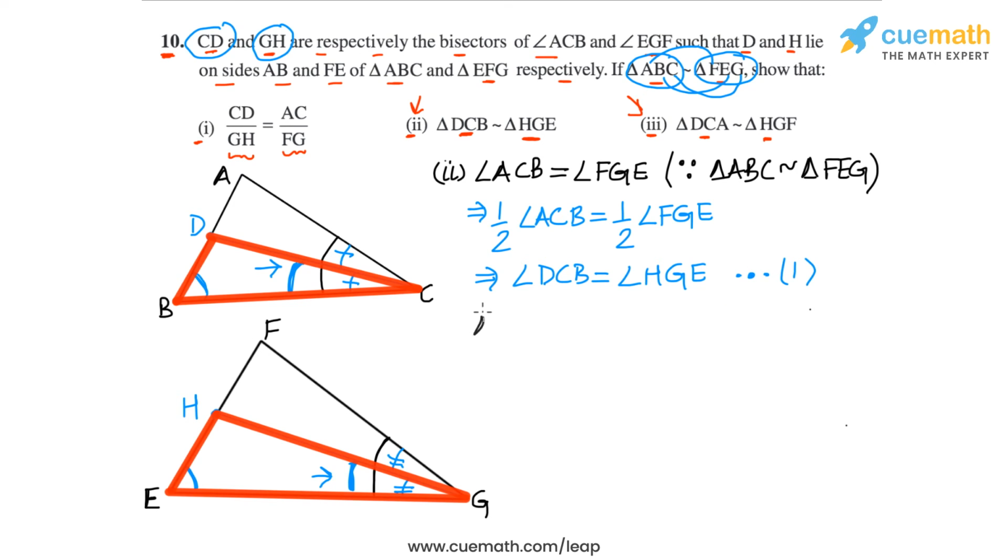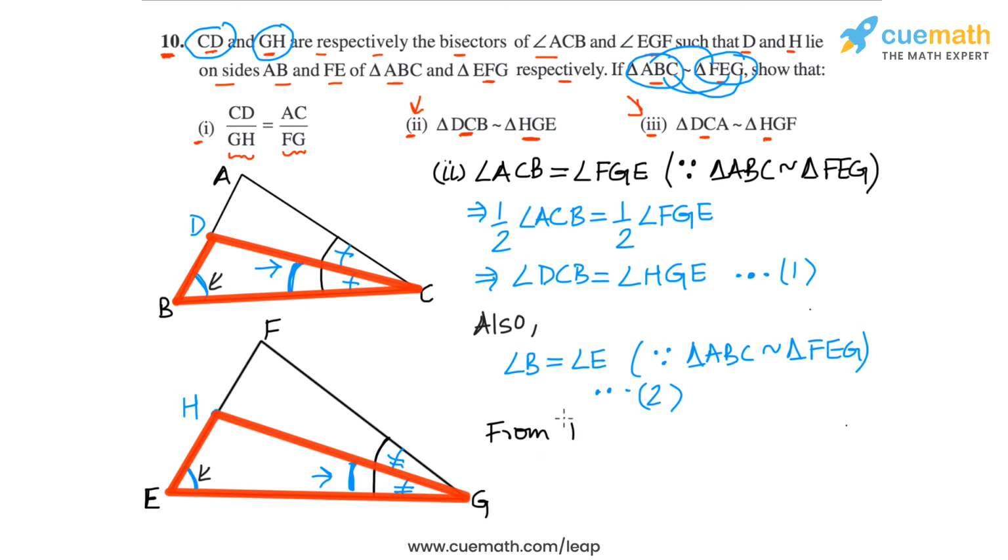And then also we have another pair of equal angles, and that is the angles at B and E, correct? So we can write angle B is equal to angle E, and this is because the triangles are similar. Triangle ABC is similar to triangle FEG. So let's call this number 2. So from 1 and 2, we can now say that the two triangles are similar using the AA similarity criterion, correct?